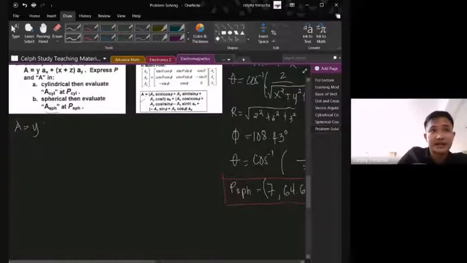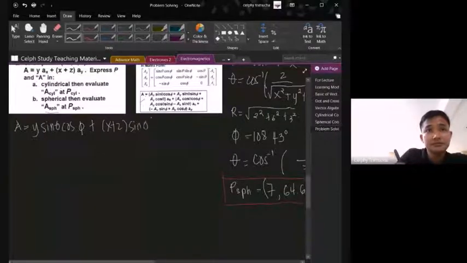Then copy kita sine theta cosine phi plus AY natin is x plus z. Then sine theta sine phi plus AZ natin.